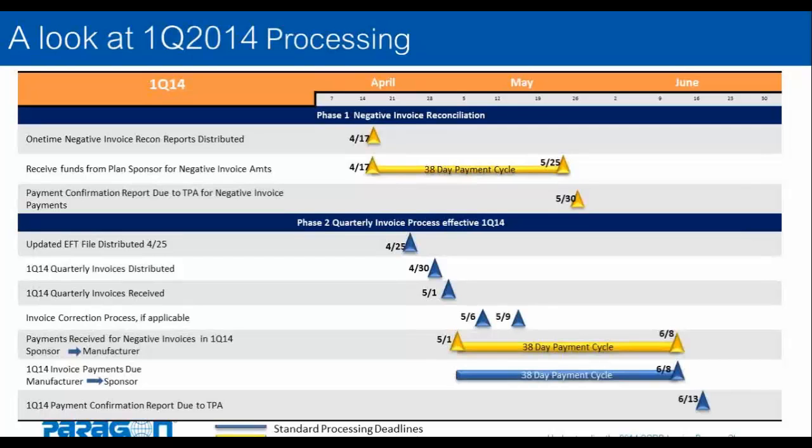Much of the overlap in processing will begin late April 2014, early May 2014. I felt that this really gives a visual perspective of what you're going to be facing in the next few months to manage the coverage gap discount program processing of negative invoices and the standard quarterly invoice process. Again, you'll have access to this information to review later.